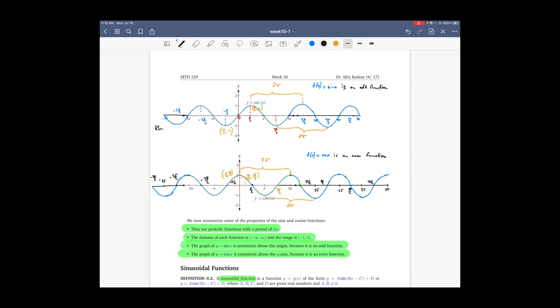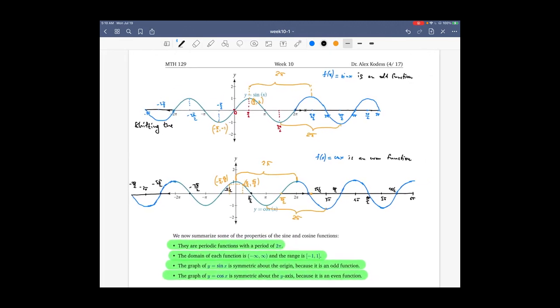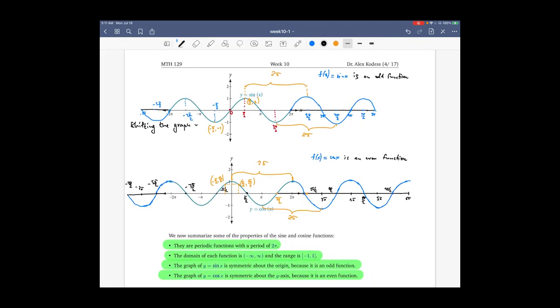That's very important. Shifting the graph of sine x horizontally by pi over 2 to the left results in the graph of cosine x.